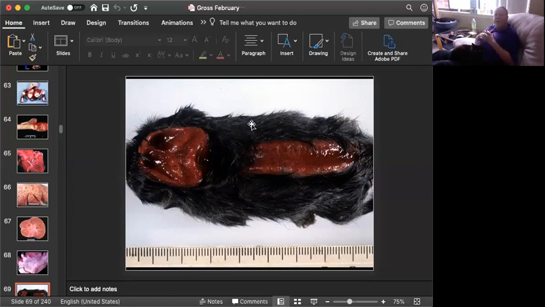So we have a bunch of things going on. The morphologic diagnosis would be craniorachischisis. This is cranioschisis here. This is rachischisis here, loss of the dorsal vertebrae, with anencephaly and amyelia.